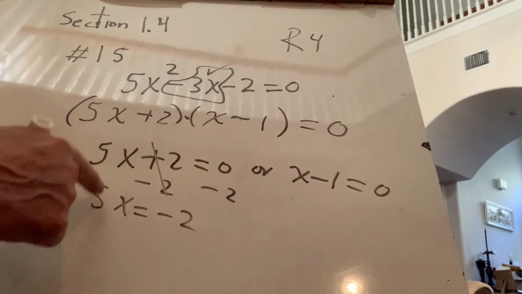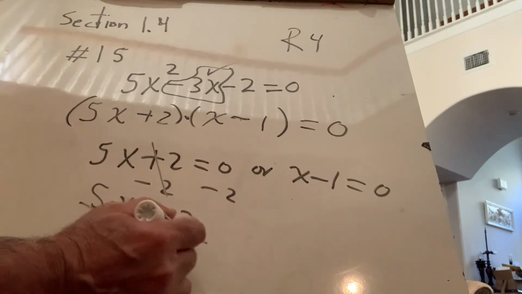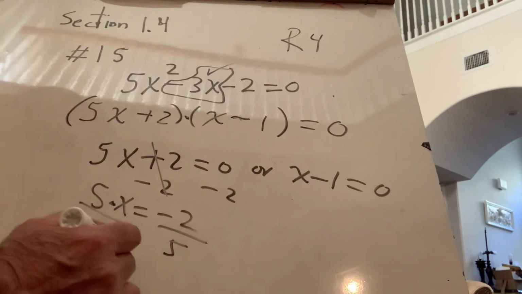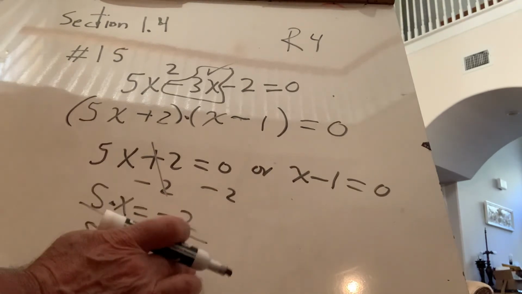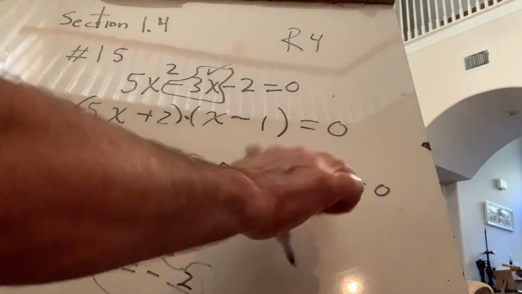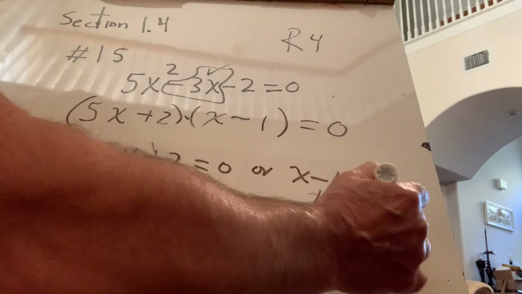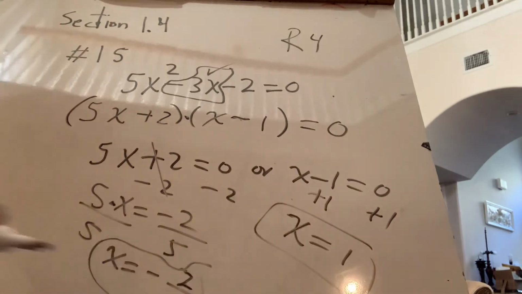And then, of course, to remove the 5, we'll divide both sides by 5. And that should give you your first solution. So x equals negative 2/5 is your first solution for this quadratic equation. And again, we're doing it by the method called zero factor property. And here, of course, to isolate the x, we're going to add 1. And that becomes x equals 1. And there is your second solution, okay?